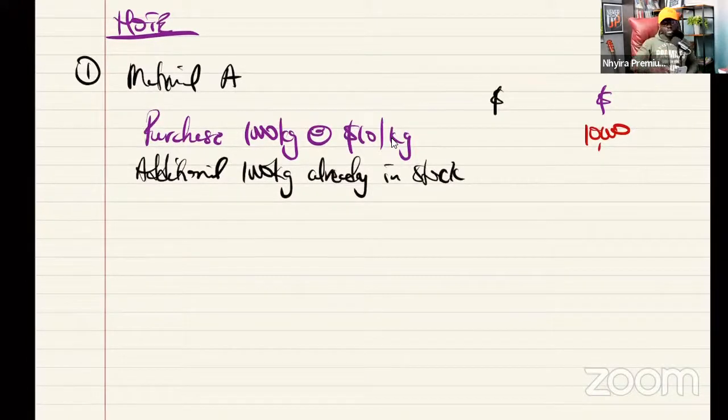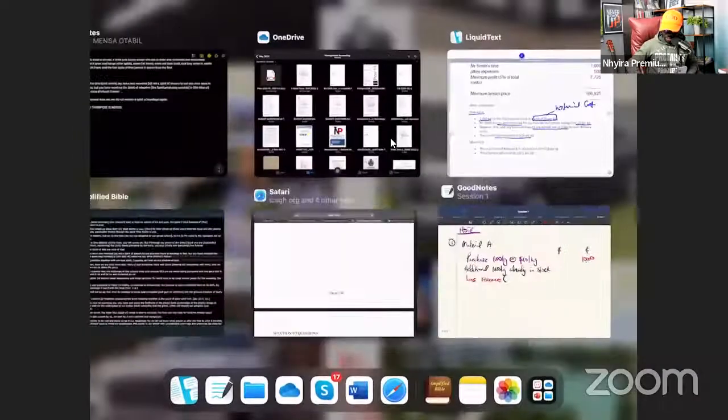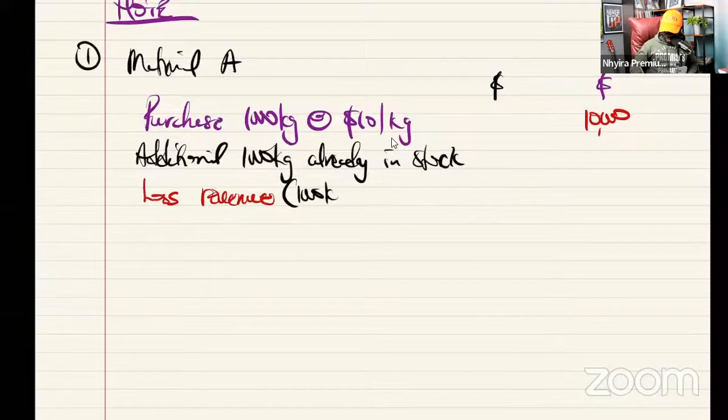So if we use it for this material, we won't get a sales revenue. So we'll bring in the lost revenue from the disposal. And that is, how much can he sell it? We are told $2 per kilogram. So that's 1,000 kilograms by $2 per kilogram. And that's going to be 2,000.